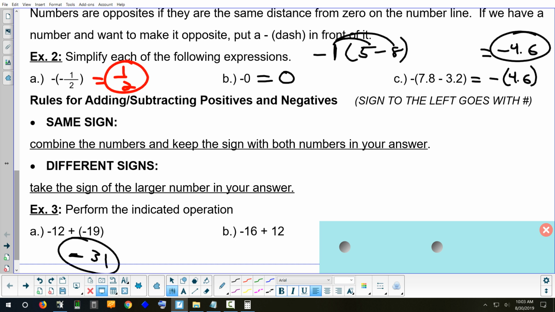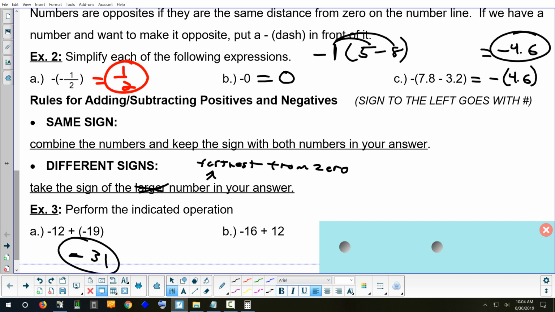Negative 16 or positive 12? Negative 16 is further away. Take the sign of the larger one. Actually, I'm even going to change the way I said it. If you want to leave it as larger, that's fine, but I'm going to say take the sign of the number farthest from 0.